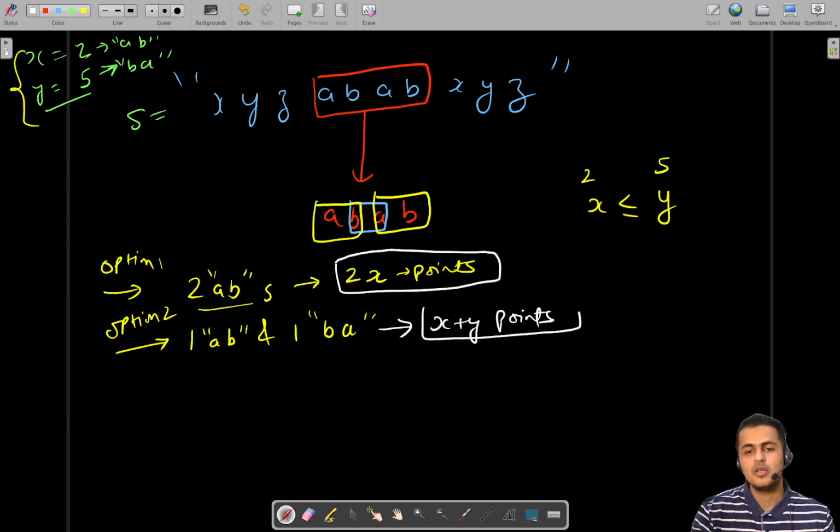But because y is greater than or equal to x, you will notice that x plus y is greater than or equal to 2x.